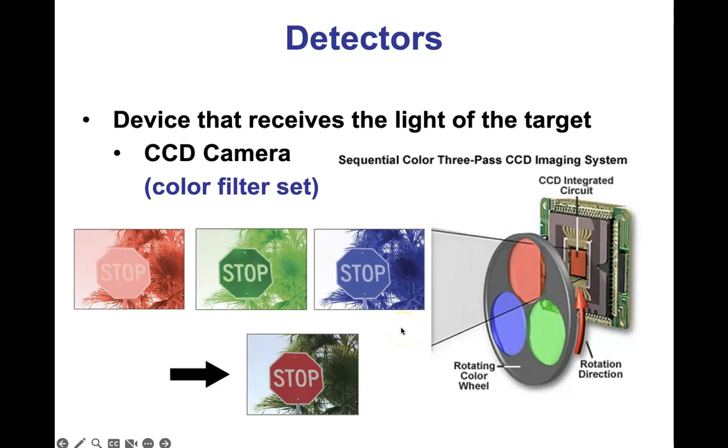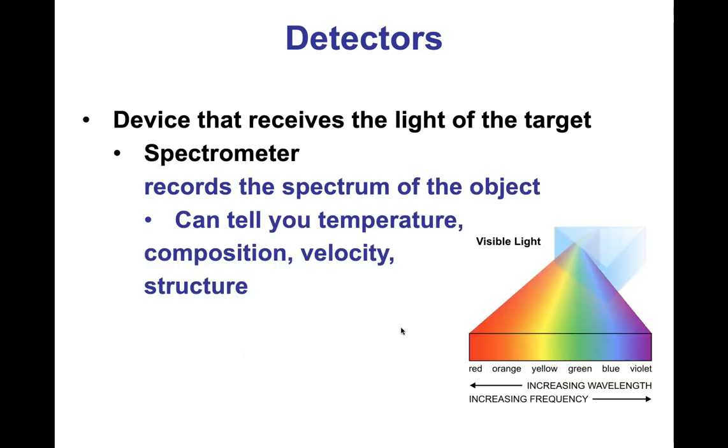So a CCD camera by itself just takes a black and white photo. But then with a set of filters, that's when you can take a photo or an astronomical image with color showing up. Okay, so that's the CCD camera. CCD camera basically means a digital camera.